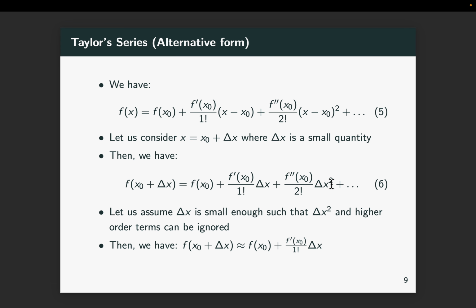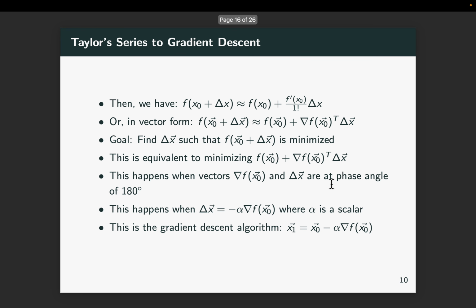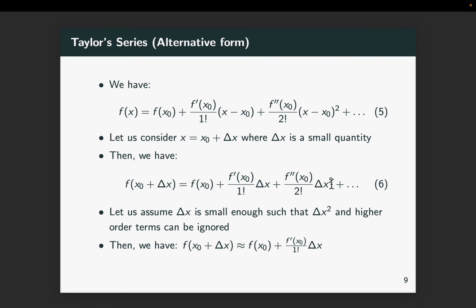If you have got this, you should now be able to derive the gradient descent update rule. There is a bit of a gap, but I think at this point you might be able to. So, why do not you take this expression, f of x naught plus delta x is approximated to be f of x naught plus f dash x naught into delta x.